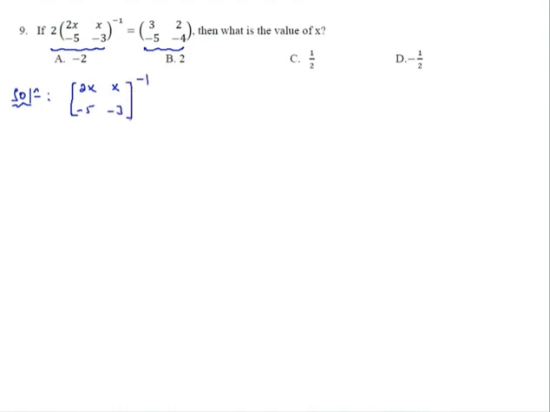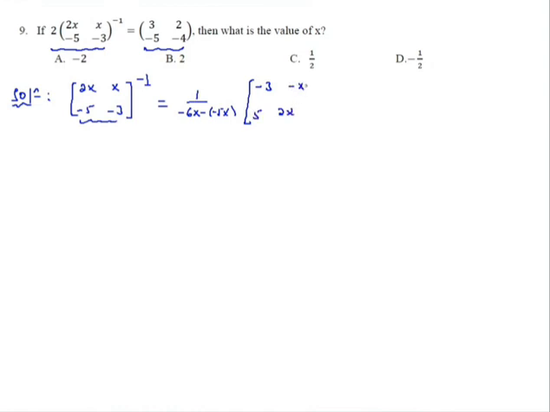የዚህን inverse ማወቅ አለብን. So the procedure is, the inverse of this matrix can be obtained by taking 1 over the determinant, which is minus 6x minus of minus 5x, times we interchange the diagonals, here minus 3 to x, ሌሎቹም በኔጌቲቭ እናበዛለን.